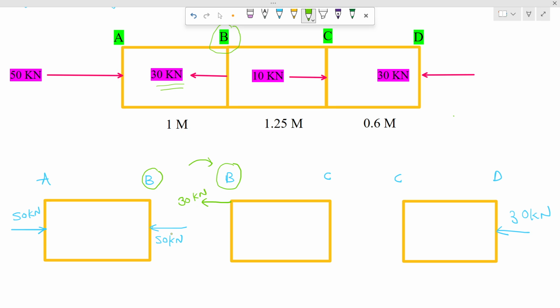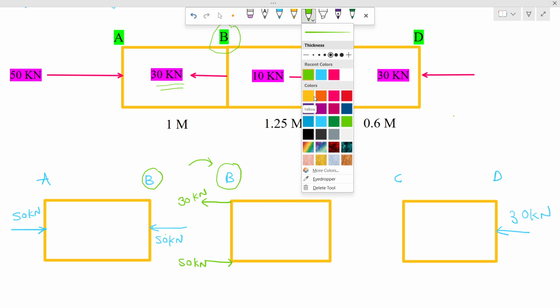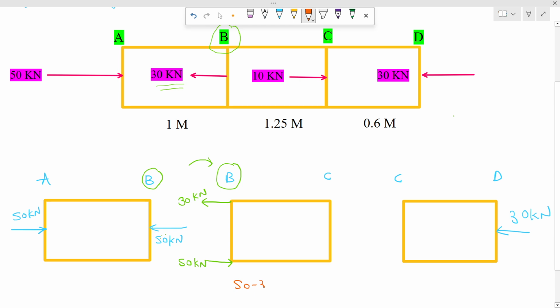Now for this 50 kilonewton, again there will be a reactive force of 50 kilonewton. Now take the right force positive and left force negative. So 50 minus 30, which will be equal to 20.